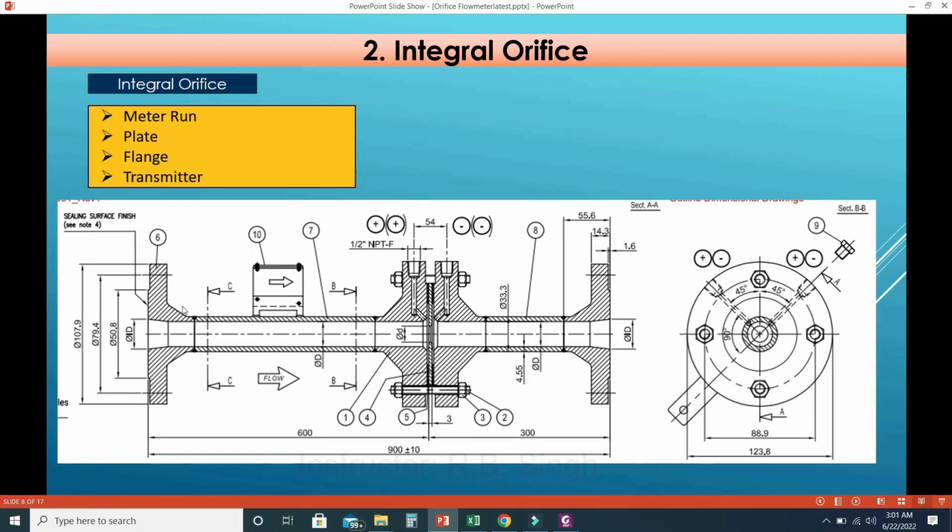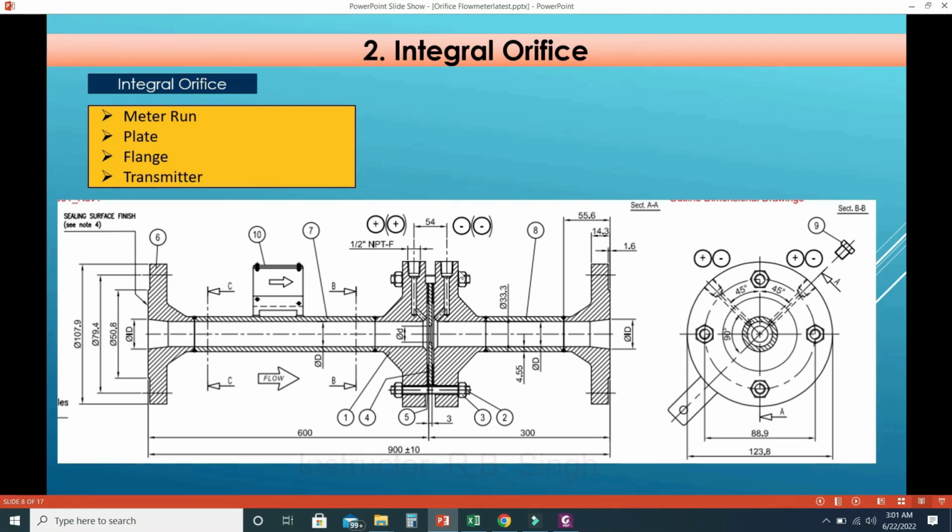So this is the meter run and this is the flange, with these two tappings, and you can see this tapping is turned towards the orifice bore. This is called corner tapping.